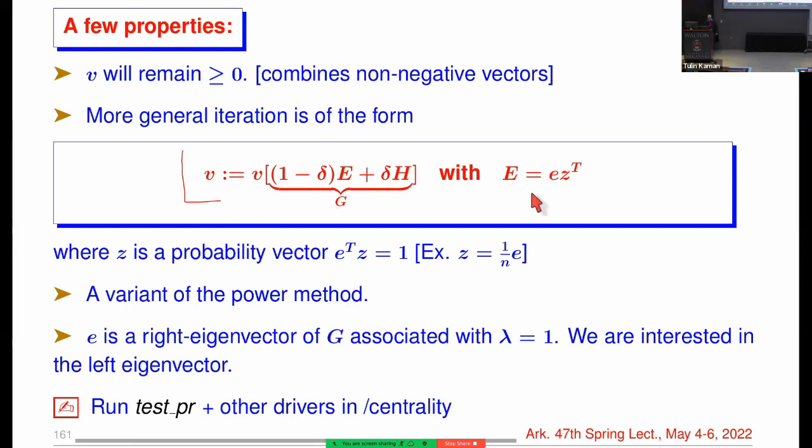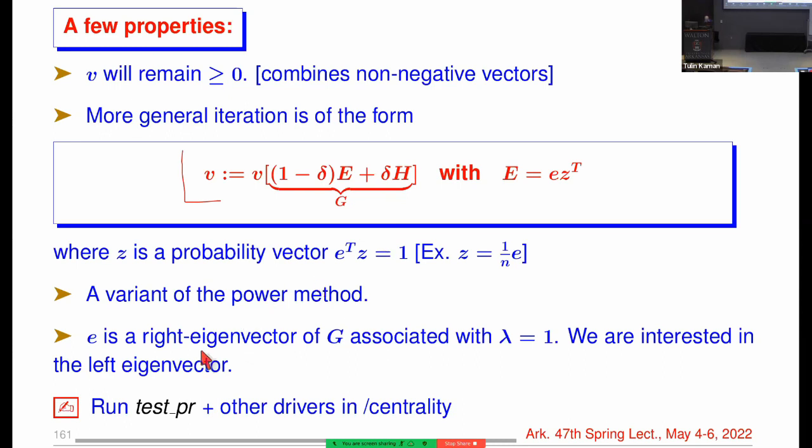Z is a vector typically set to be 1 over n times E, so that you essentially have a matrix that still has stochastic properties.